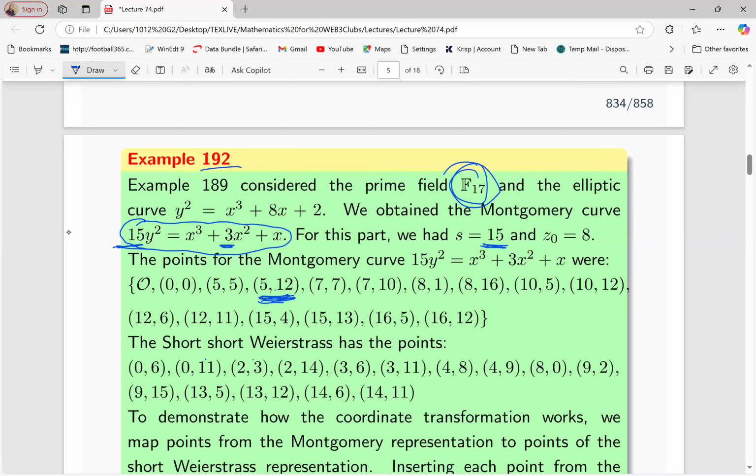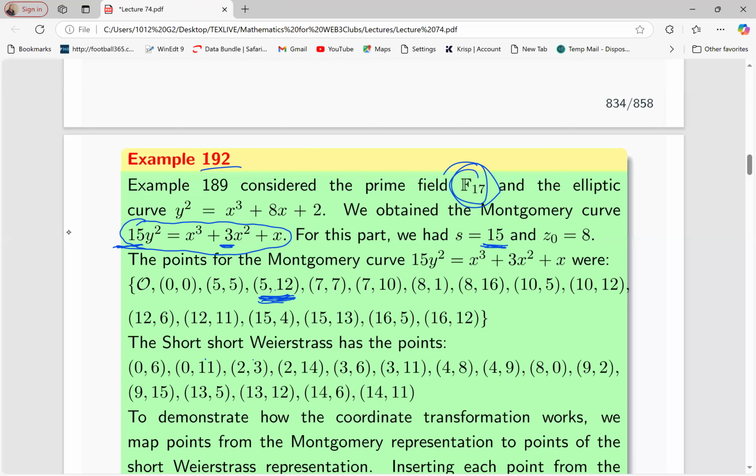You see, you're working mod 17. So after you've written your code, you give it A, B, then the field. And then this is the point you want to convert to short Weierstrass. You also give it this point.